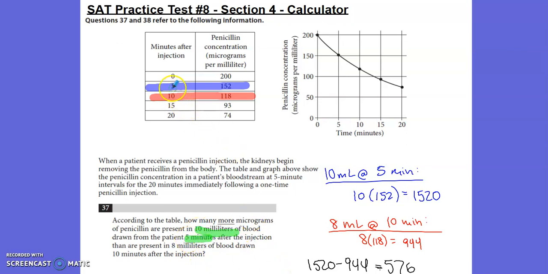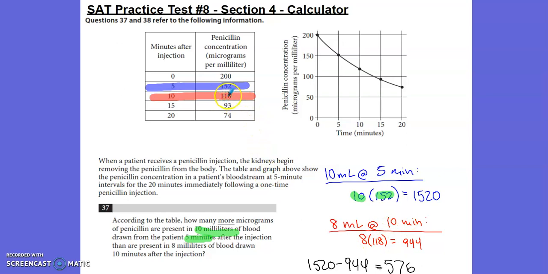So 5 minutes after the injection, the concentration of penicillin is going to be 152 micrograms per milliliter. If I multiply that amount by the 10 milliliter sample, I end up with this many micrograms of penicillin in that sample of blood. I do a similar calculation for an 8 milliliter sample 10 minutes after the injection.